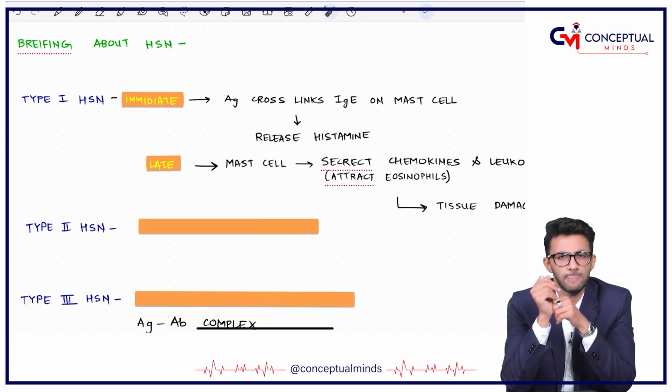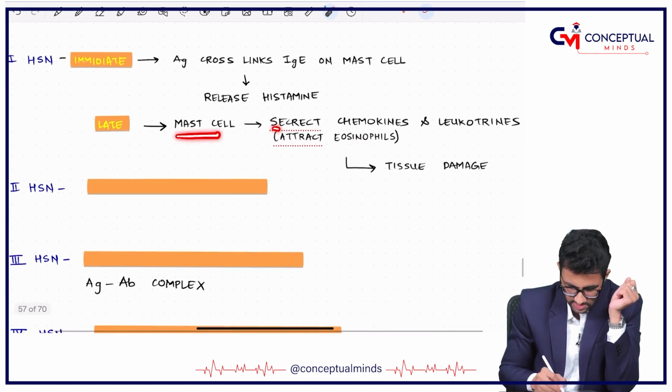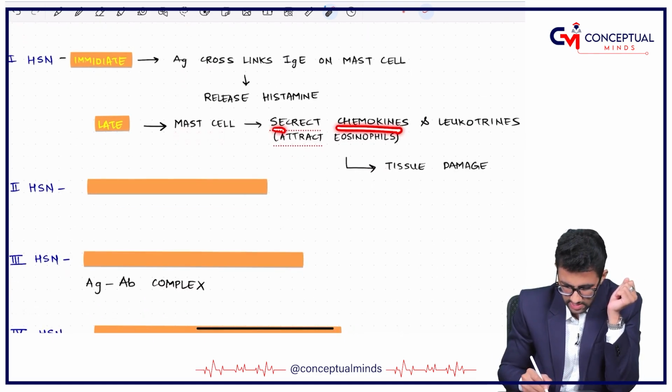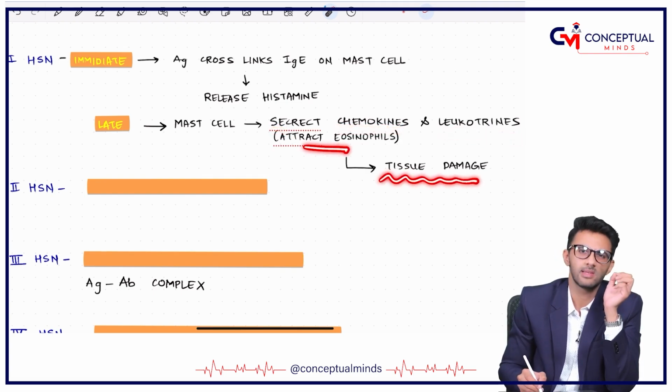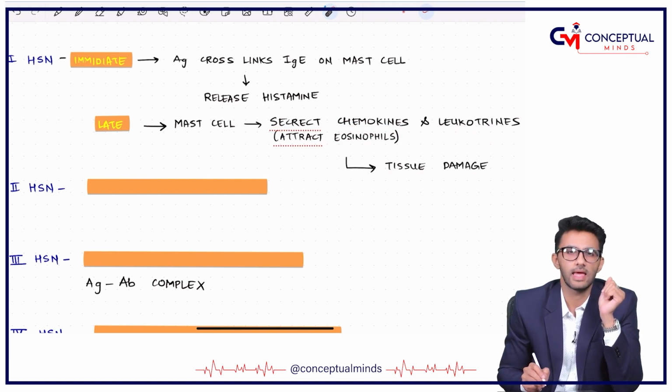So yes, type 1 hypersensitivity reactions can have late onset as well. How does it happen? The mast cells secrete chemokines and leukotrienes, which attract eosinophils and do the damage. That was about the type 1 hypersensitivity reaction.